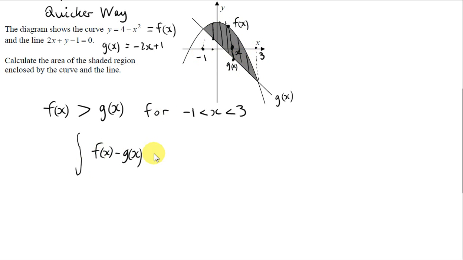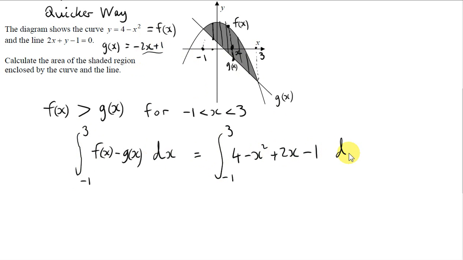Well, that's just the integral, and we integrate with respect to x. And we have to integrate from -1 to 3. So f of x is 4 minus x squared, and we have to subtract g of x, so that's minus 2x plus 1, so that's plus 2x minus 1. So I'm just subtracting this from 4 minus x squared.